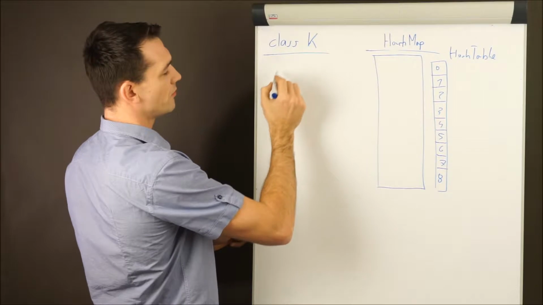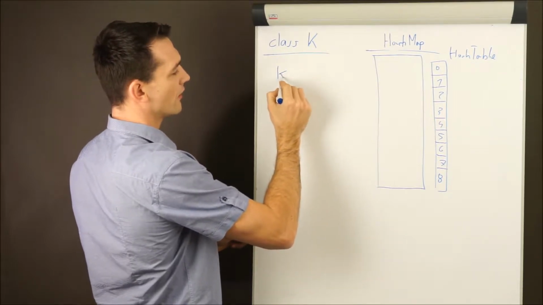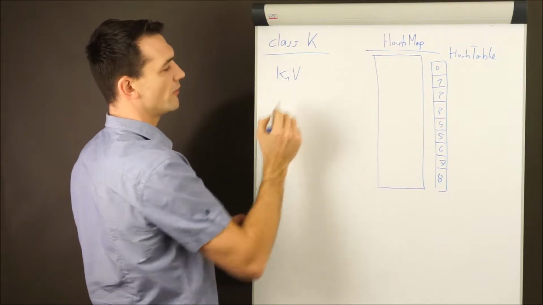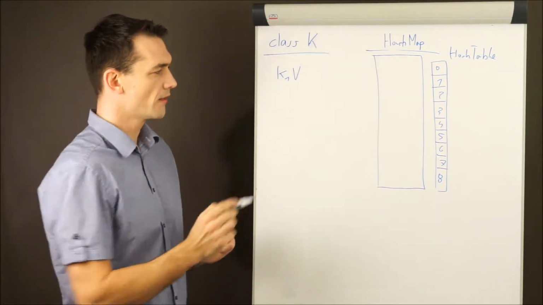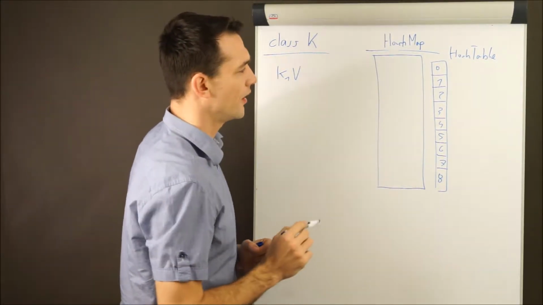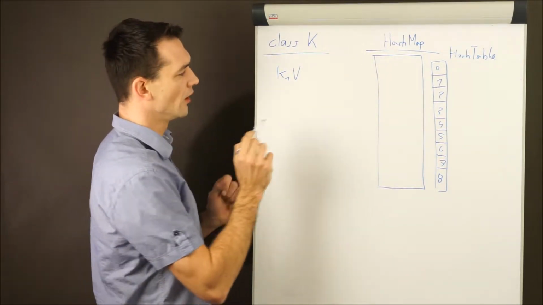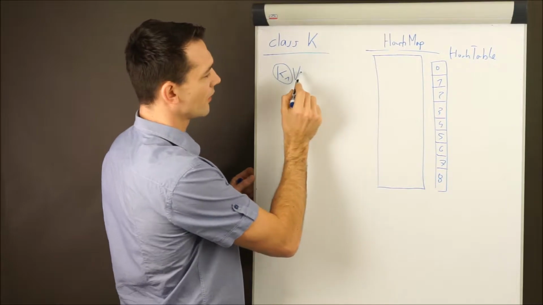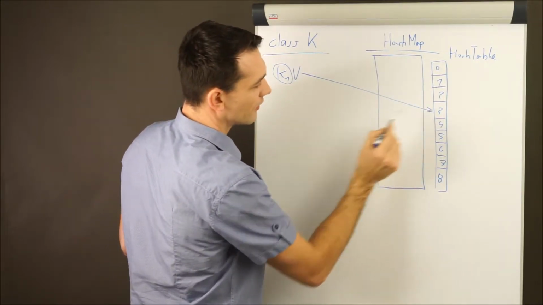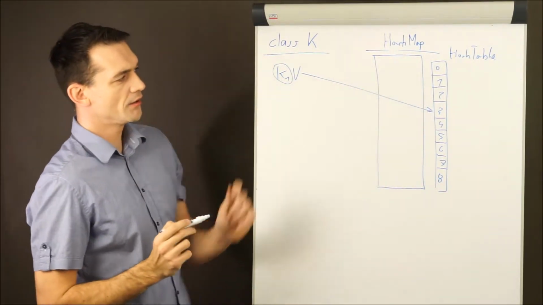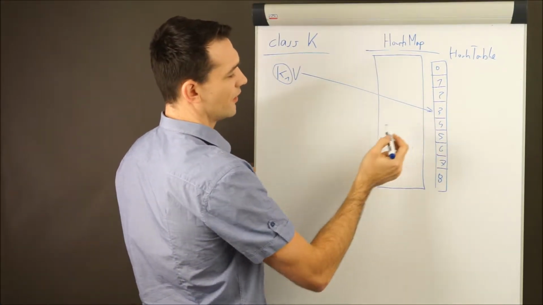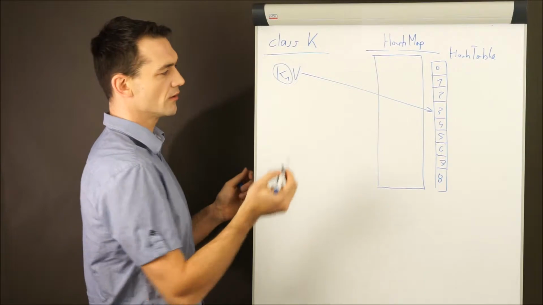So let's suppose we have a K1 instance of class K along with a value V that we would like to store in this hash map. For this key, our internal implementation of HashMap calculated index 3. How did that happen?